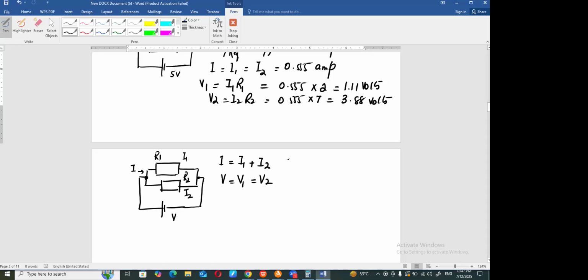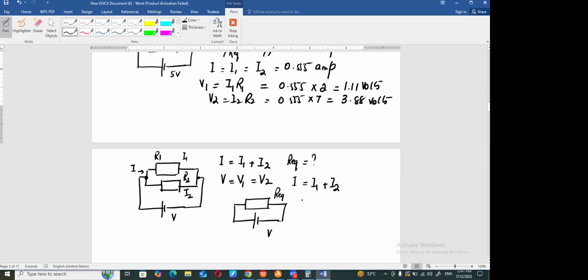Now, how to find R equivalent? So we know that I is equal to I1 plus I2. So you replace it, and that is your V, right? So what exactly is the same?